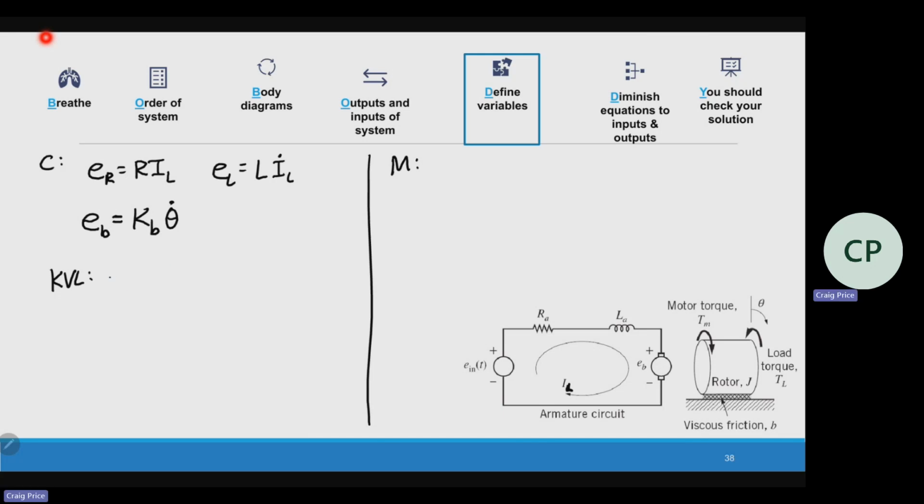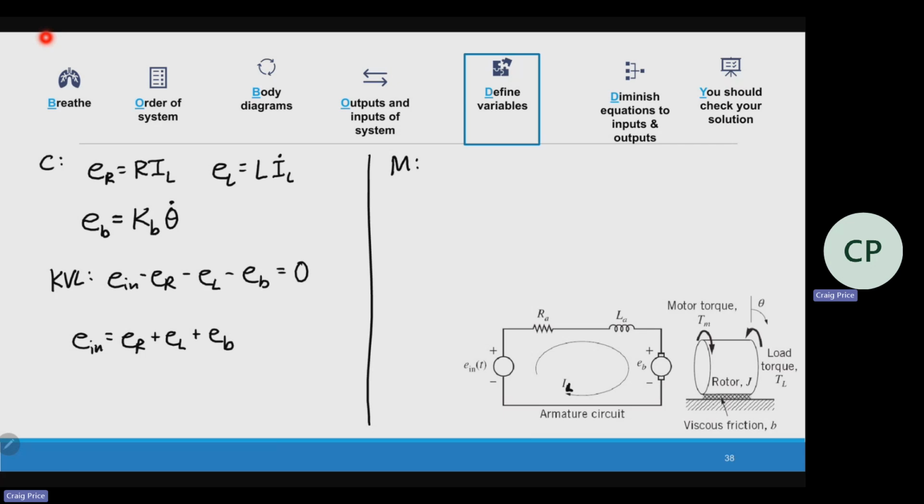what we get is our input voltage minus resistor voltage minus inductor voltage minus back EMF. Because remember, back EMF is going to fight it. It's not going to help it. It's actually going to fight against that input voltage. So we can say that EN is equal to the sum of all of those voltage drops.